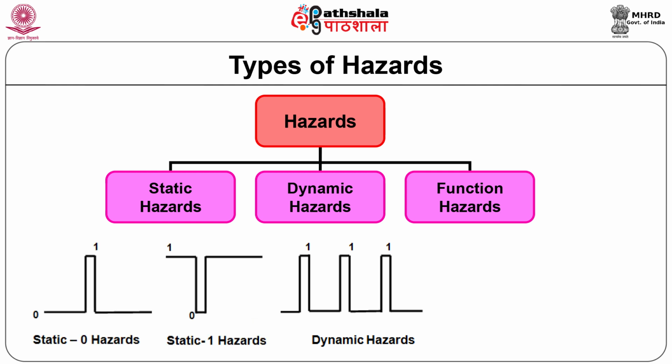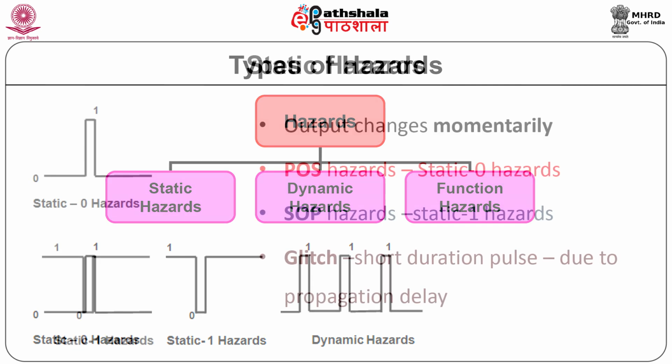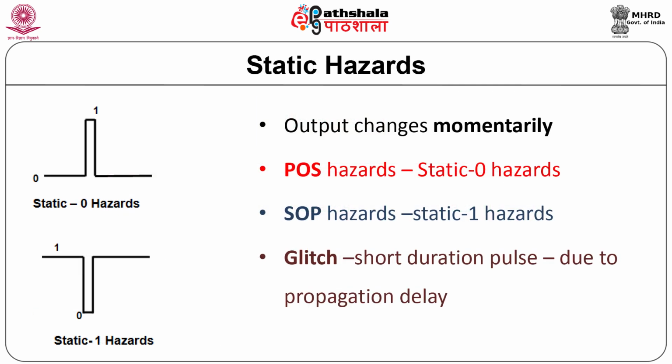Let us now talk about function hazards. A hazard that can be caused in the output signal when more than one input signal is changed simultaneously is called a function hazard. A static hazard occurs when a single input variable change should cause no change in the output of combinational circuit, but a short glitch of the incorrect logic level occurs.